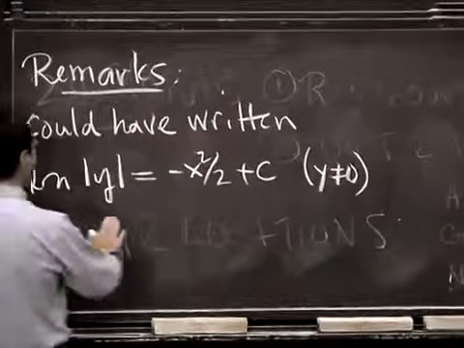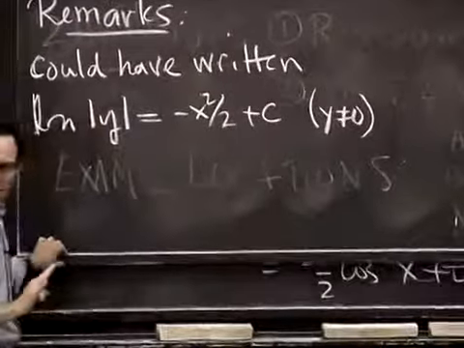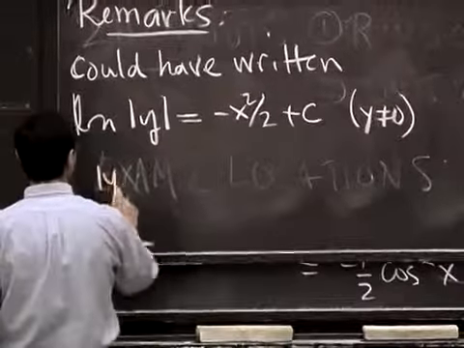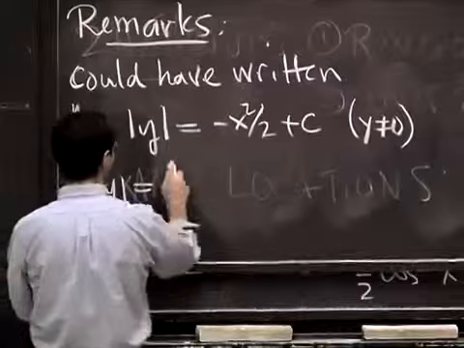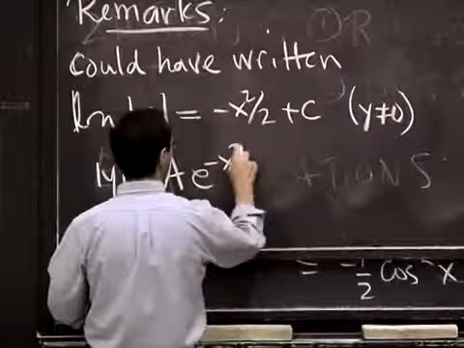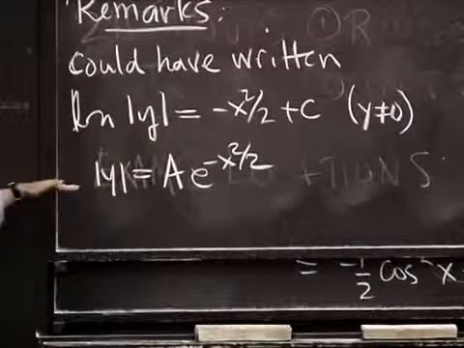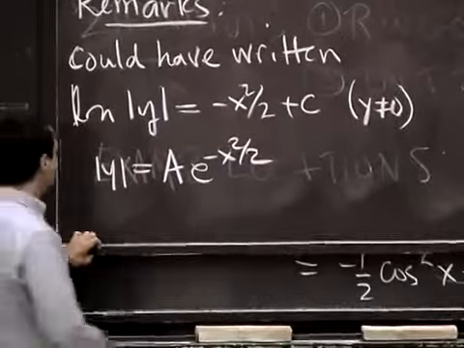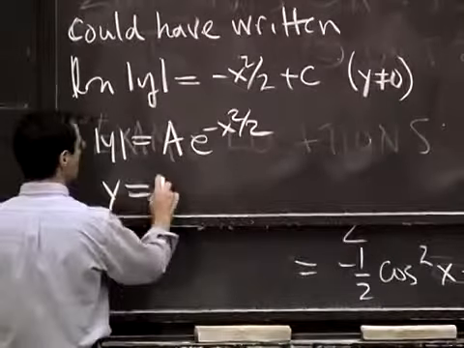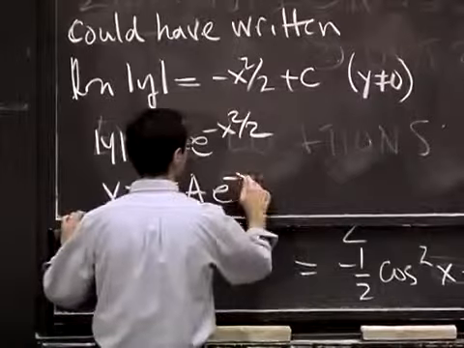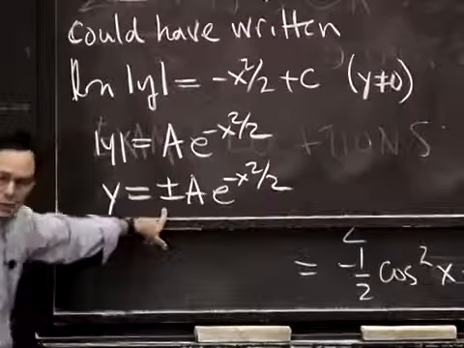And you can see that that would have captured most of the rest of the solution. Namely, absolute y would be equal to a e to the minus x squared over 2 by the same reasoning as before. And then that would mean that y was equal to plus or minus a e to the minus x squared over 2, which is really just what we got.